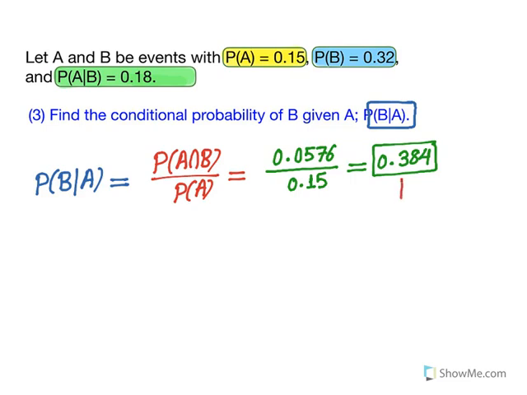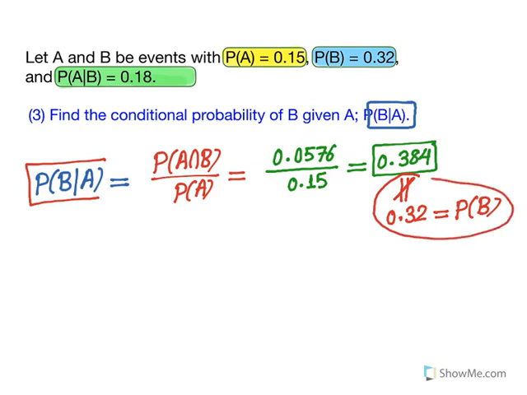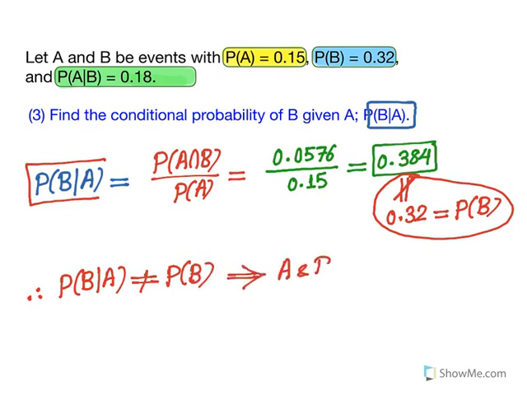Notice that this number here is not the same as 0.32, which is the probability of B. So this means that the probability of B given A is not the same as the probability of B. You can say, therefore, let's write it, probability of B given A is different from the probability of B, and immediately from this you can say that therefore A and B are not independent.